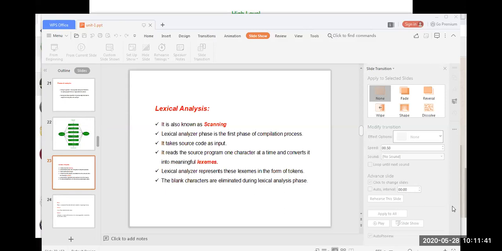What is a token in any language, whether C, Java, Python or C++? How can we define a token? In the case of C language, we have seen it. Can anyone define what a token is?